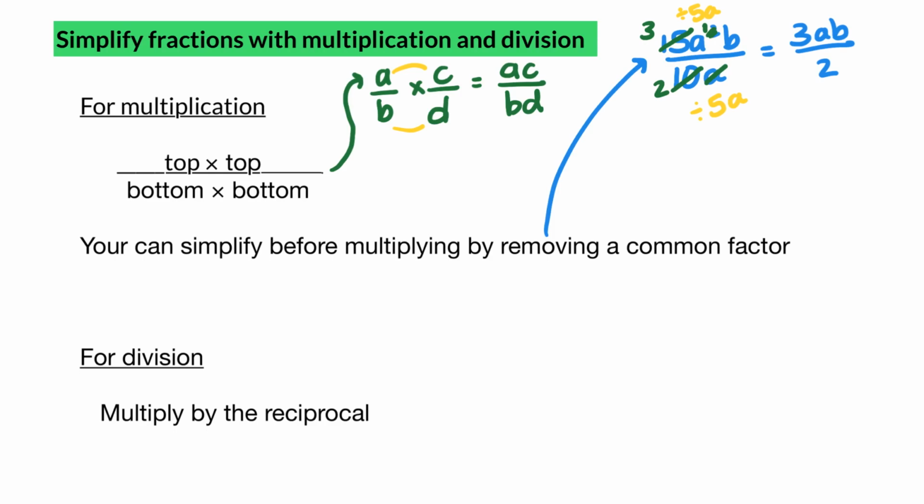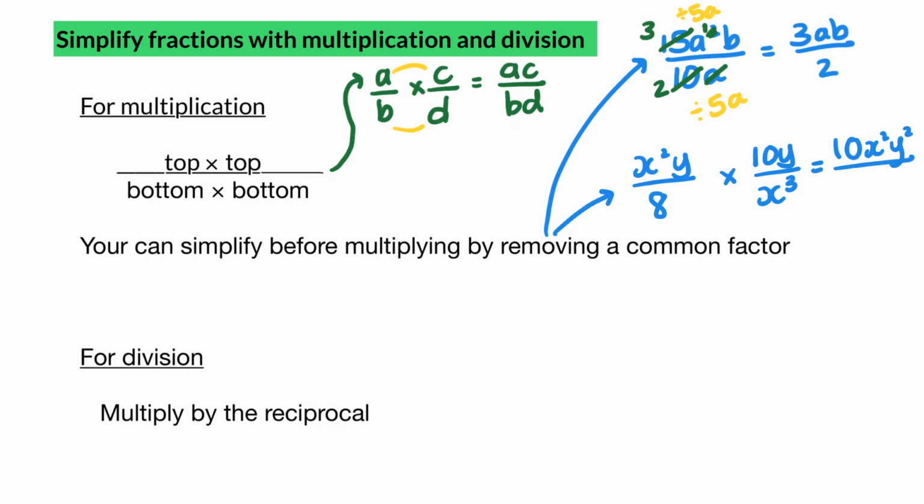Let's look at a simplifying example with multiplying. So let's say I'm multiplying x squared y out of 8 times 10y out of x cubed. Now if I multiply straight away, that's going to give me 10x squared y squared out of 8x cubed.